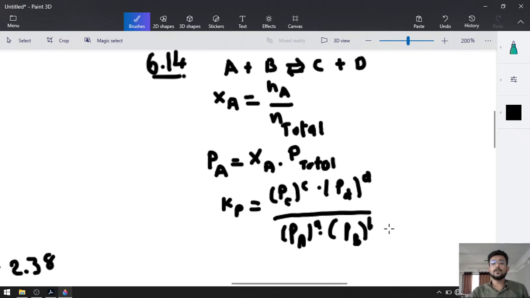So these three formulas will be used in this sum which belongs to the next chapter, chapter number 7. Remember these three formulas to solve this particular problem.